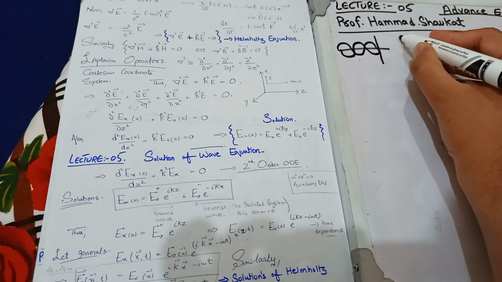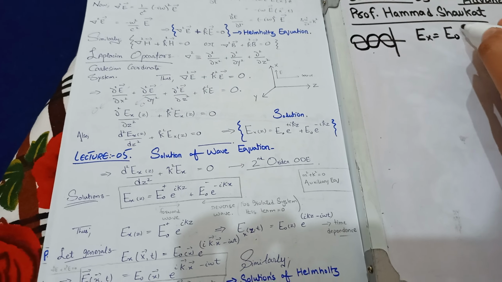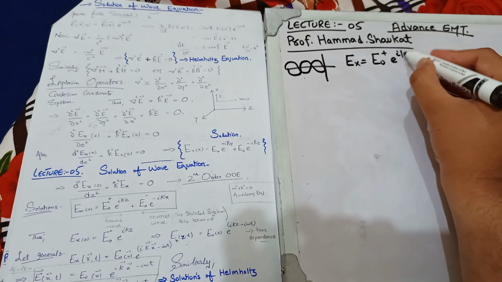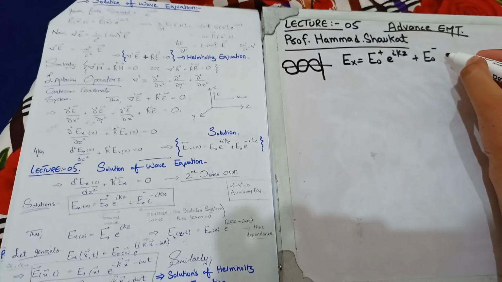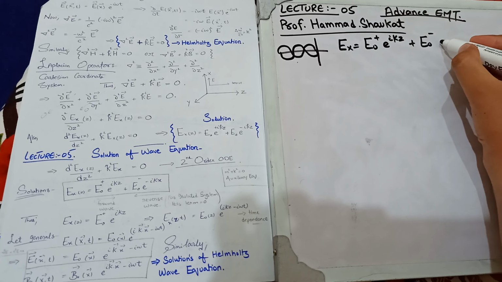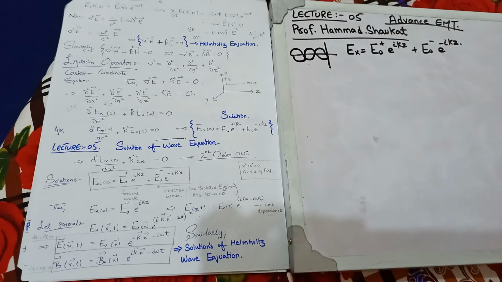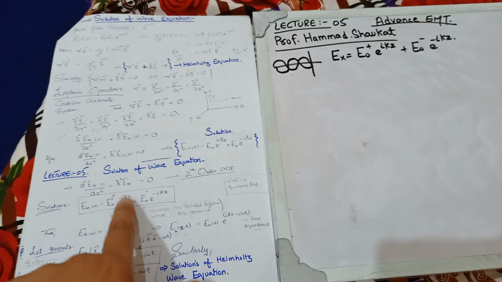So in our scenario, our wave in x direction is equal to E naught plus, the amplitude constant, e power iota kz, plus E naught minus, another constant, for the wave going the other way, e power minus iota kz. This is our electric wave.